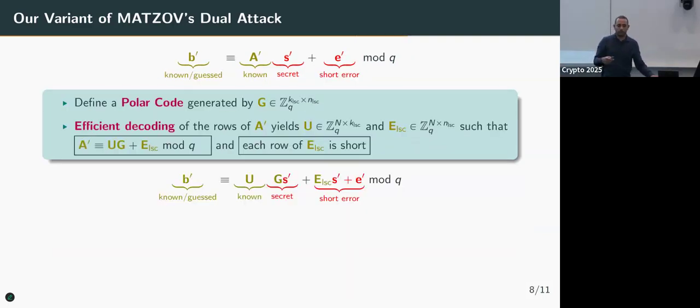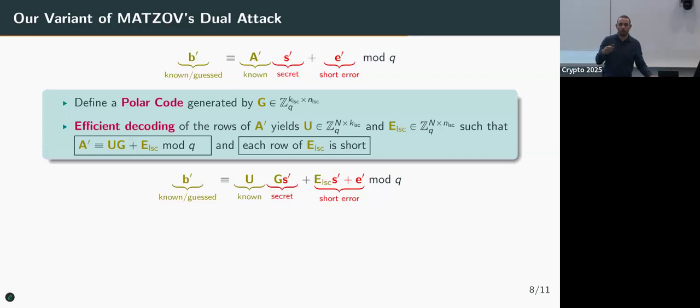Now, we can give more details about this coding approach. First, we define a polar code. Why a polar code? Because it is a particularly efficient code for lossy source coding, generated by a certain matrix J of dimension K LSC and length N LSC. Then we apply an efficient decoding algorithm on each row of A prime.